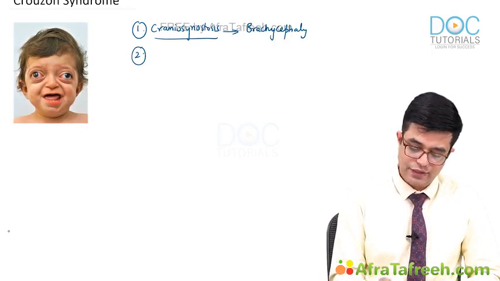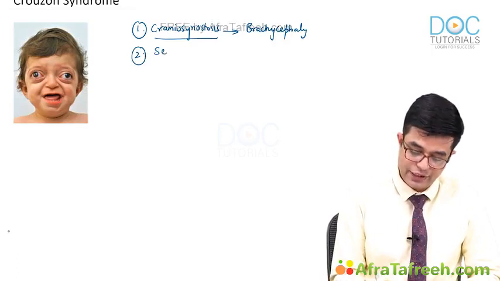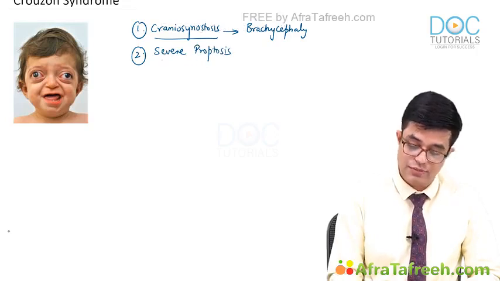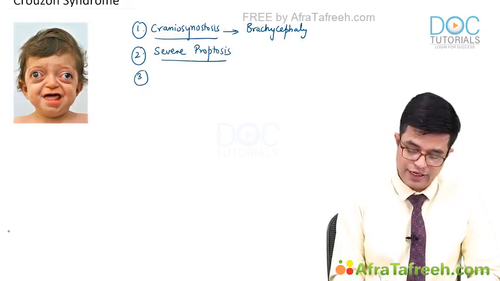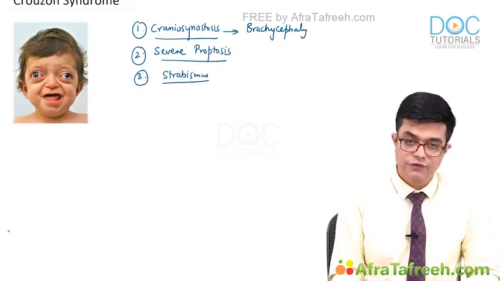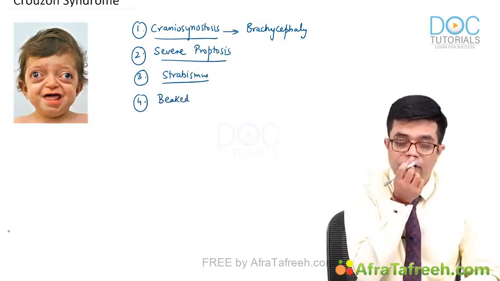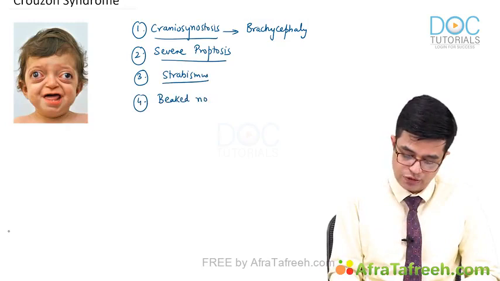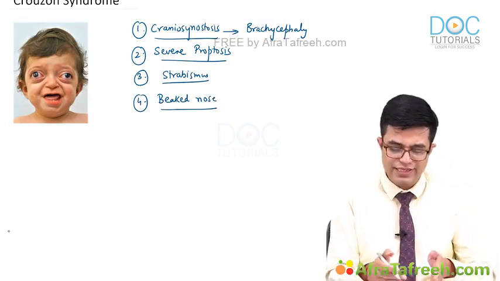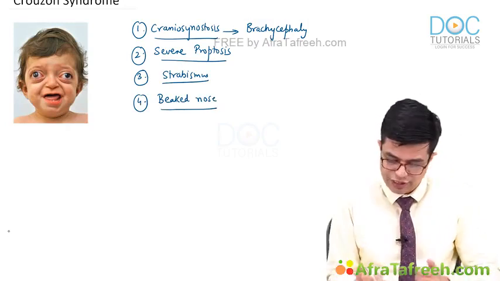Secondly, as you can see in this child, they will have severe prominent proptosis, which is not the case in Apert syndrome. Third, they will have strabismus of the eyes. Fourth, they will have a hooked or beaked nose. The tip of the nose will be pointing forward or downwards. Although a beaked nose cannot be easily made out, it is frequently present.